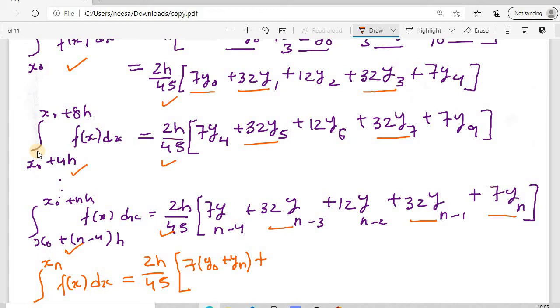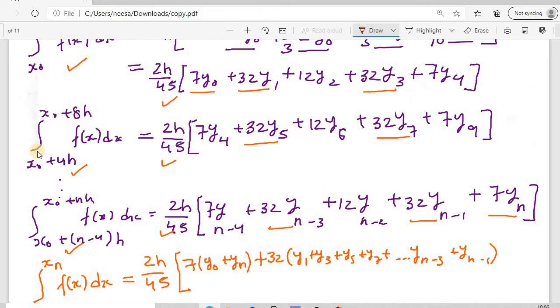So we can keep them all in one group. This will be 32 times (y1 plus y3 plus y5 plus y7 plus and so on till yn minus 3 plus yn minus 1). So this will be in one group.